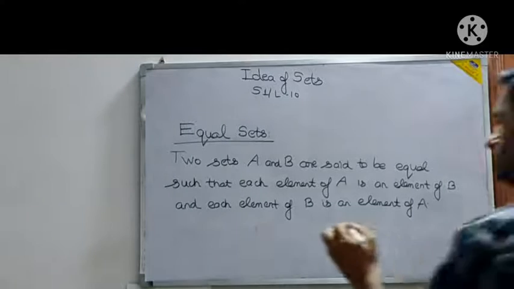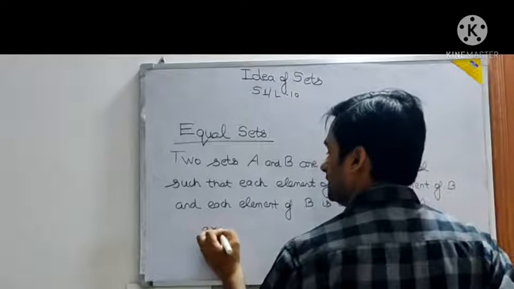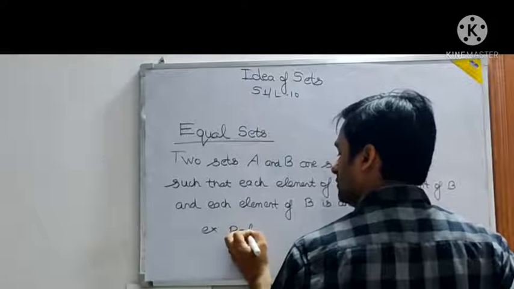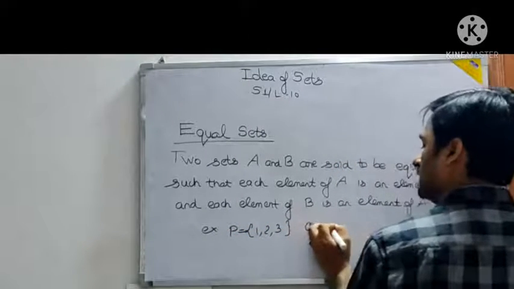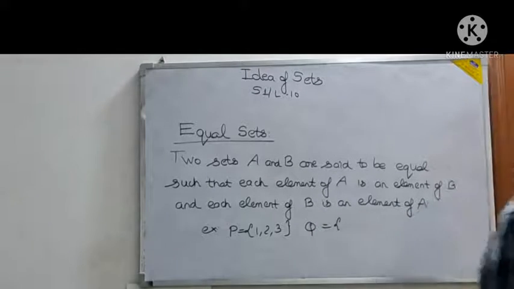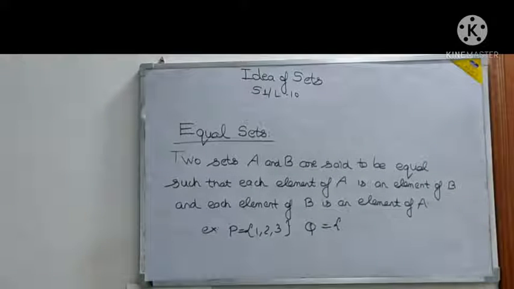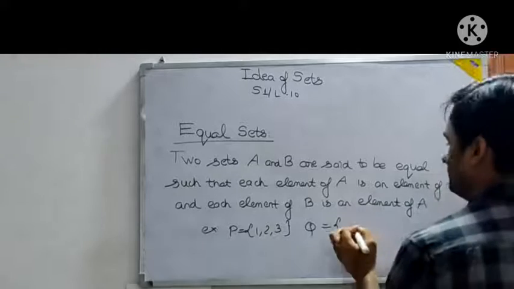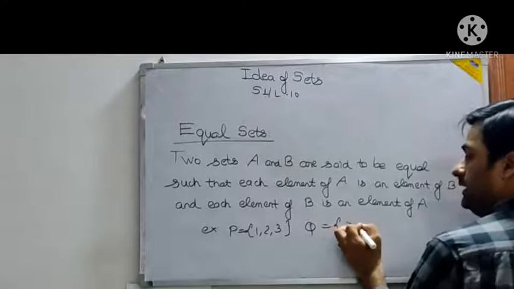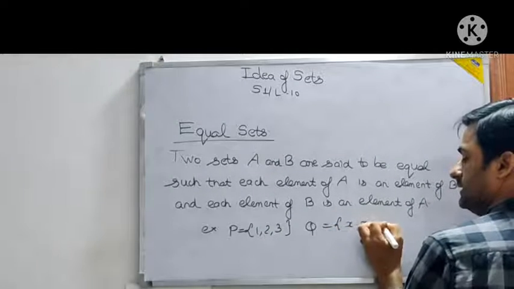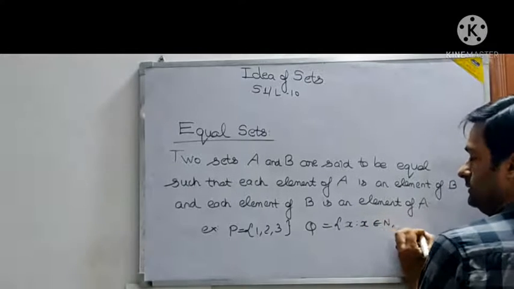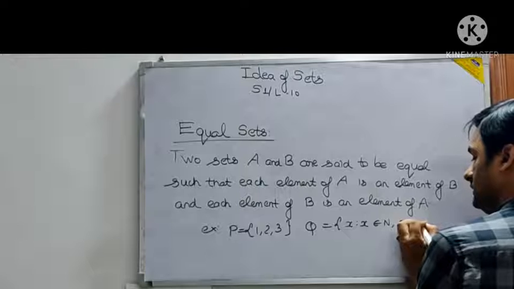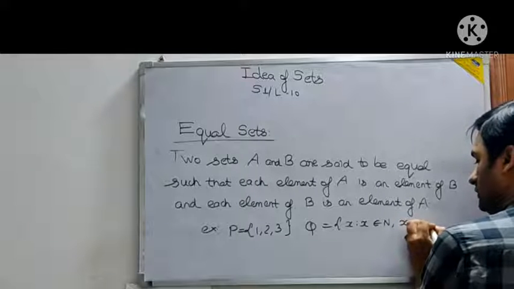For example, if I say P is equal to {1, 2, 3} and Q is equal to the same, or you can write Q as {x : x is an element of N and x is less than 4}.